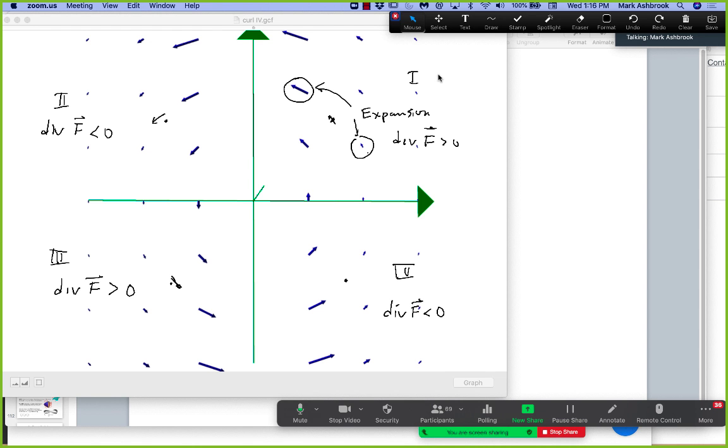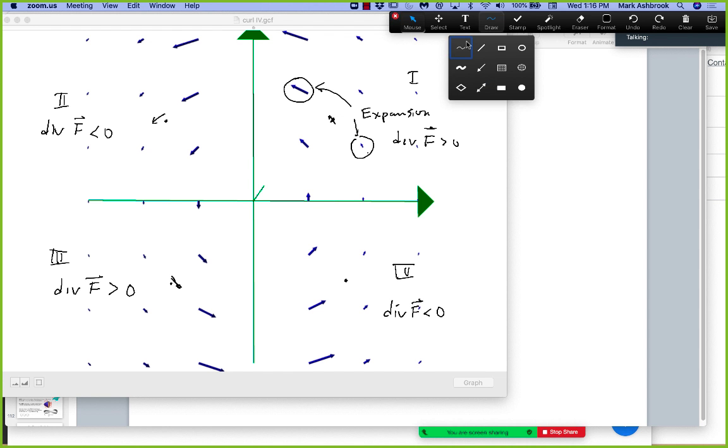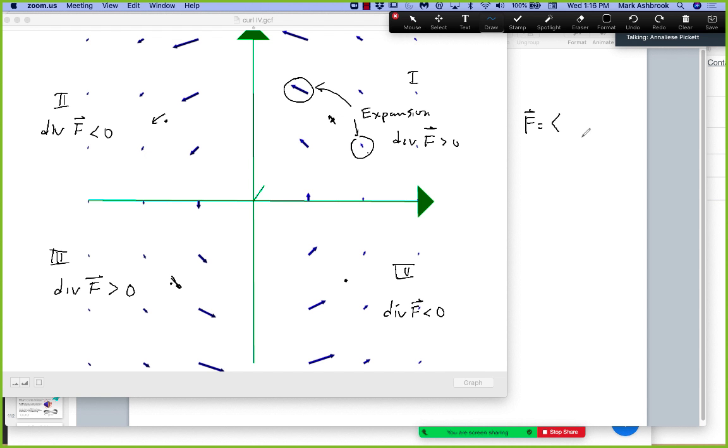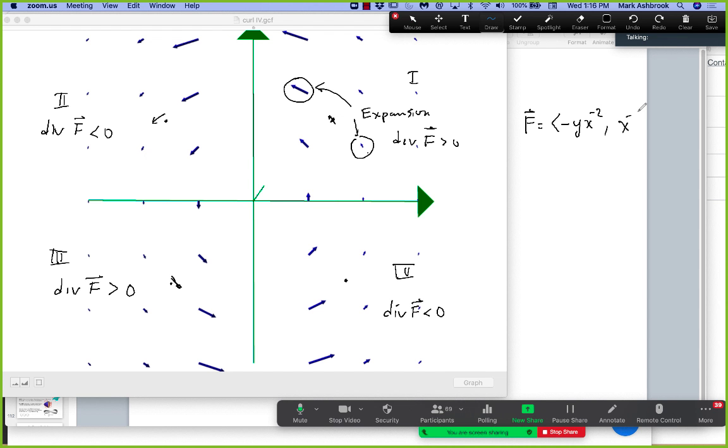So the actual function for this is negative y, x to the minus 2, x to the minus 1, and 0. So that's what this vector field is. We're going to find the divergence.